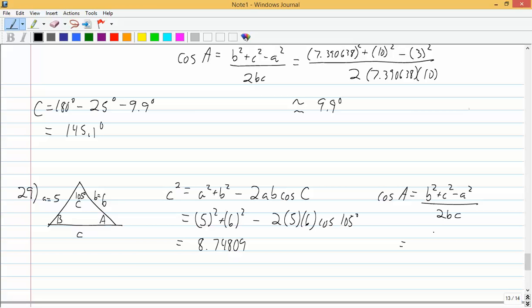So 6 squared plus 8.74809 squared minus 5 squared over 2 times 6 times 8.74809. And that's what the cosine of angle A is equal to.